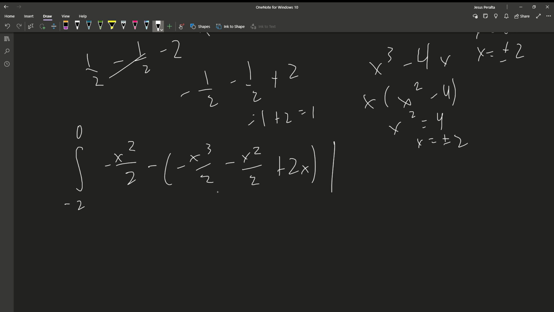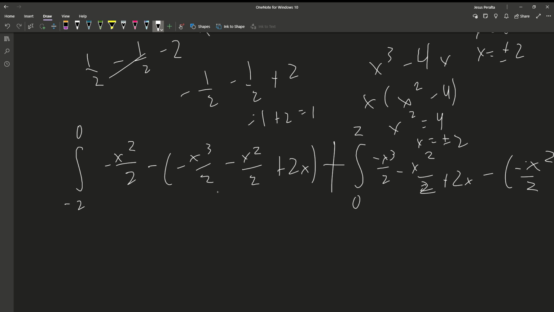Sorry, I lost my train of thought. You want to do the other integral, which would be from 0 to 2. That was a very bad integral. Sorry, not negative x squared. You want to get negative x cubed over 2 minus x squared over 2 plus 2x minus negative x squared over 2.